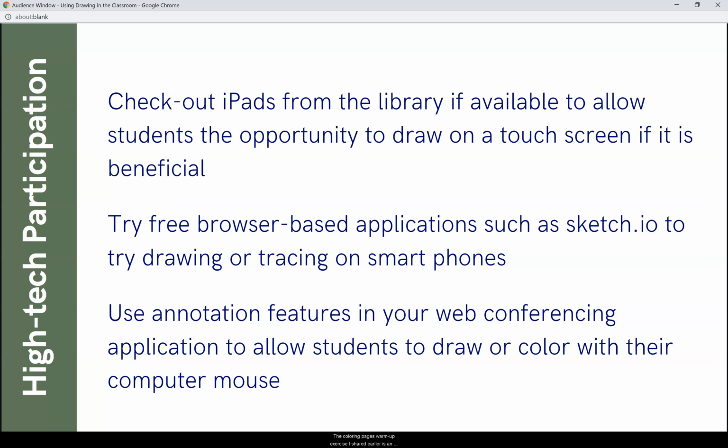The coloring pages warm-up exercise I shared earlier is an example of students coloring the image using the annotation tools in Zoom. Every student selects a color, the image is shared on Zoom, annotation is open to everyone who is in the Zoom room, and students can use their mouse to color in the image.